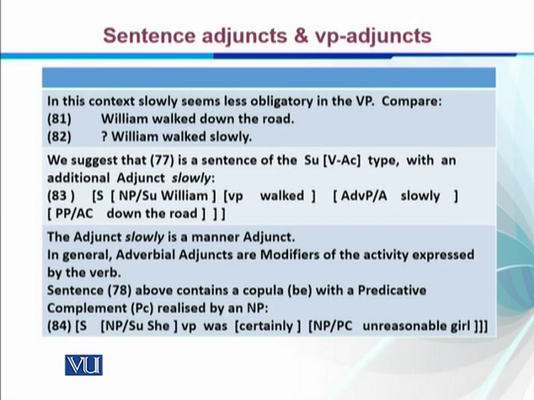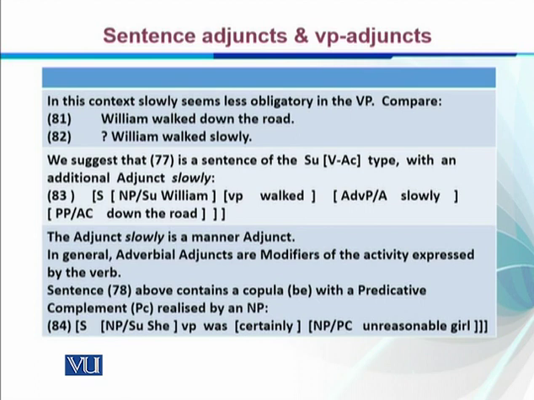We suggest that 77 is a sentence of the subject plus verb plus adjunct type with an additional adjunct, slowly. So we have two adjuncts here, but one is additional and one is more important. In 83, for example, William walked slowly down the road.